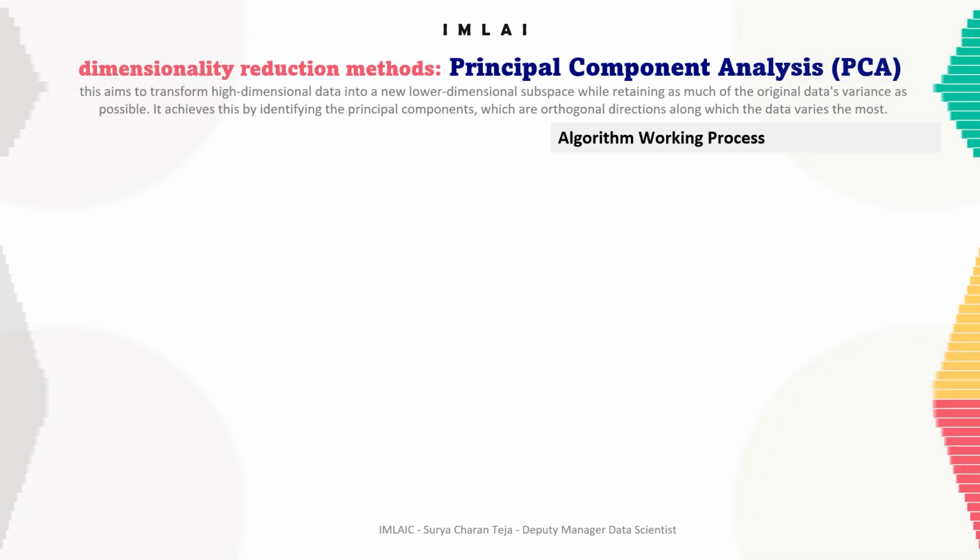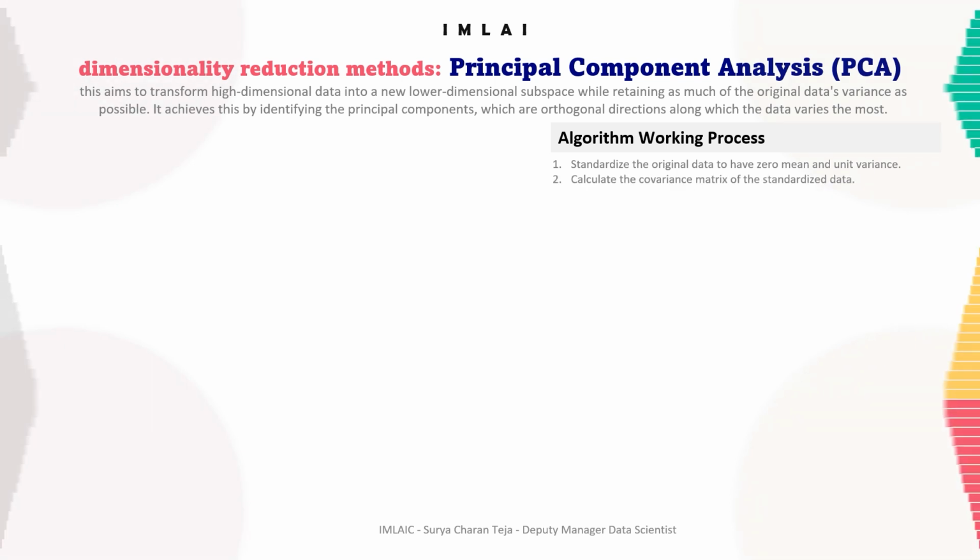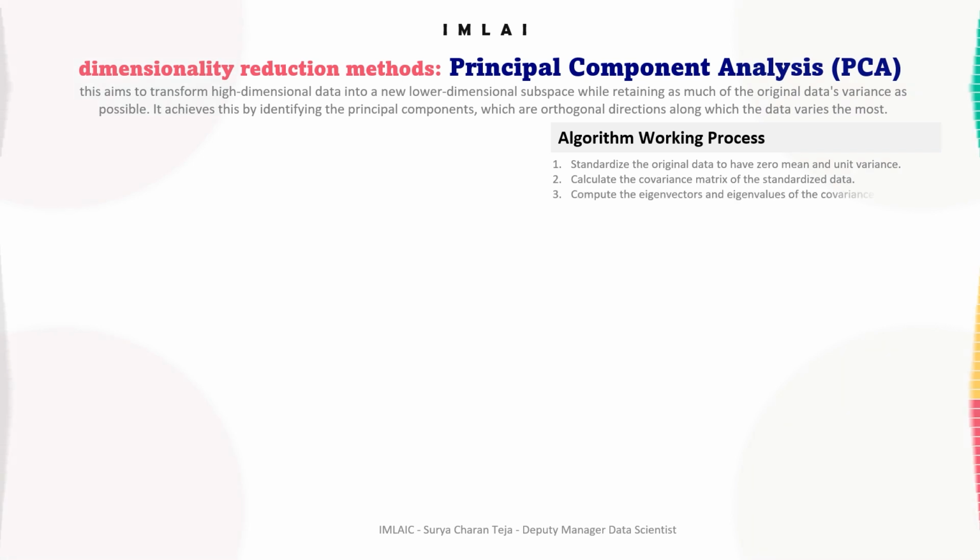First, as we have discussed earlier, standardize the original data to have zero mean and unit variance. Then calculate the covariance matrix of the standardized data. Compute the eigenvectors and eigenvalues of the covariance matrix. Then sort the eigenvectors based on their corresponding eigenvalues in descending order.